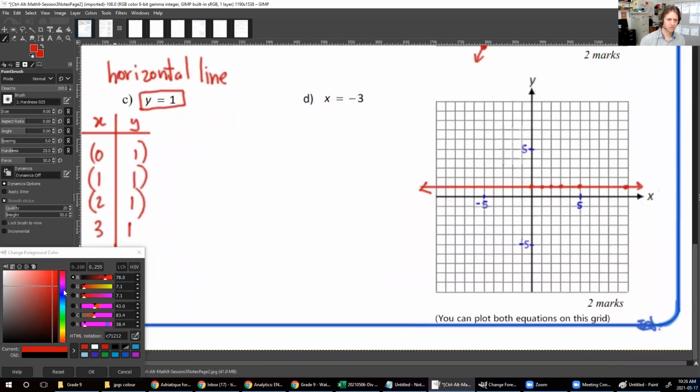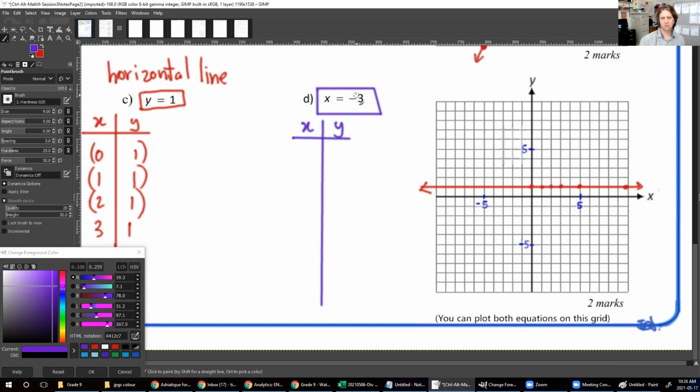All right. I might just change my color here momentarily. How about this one? This looks similar but different. So I'm going to draw my table of values here. Here you can't say, well, what happens if x is equal to 0? Because x is already -3, but if y is 0 or 1 or 2 or 3 or 4, x is always going to be -3.